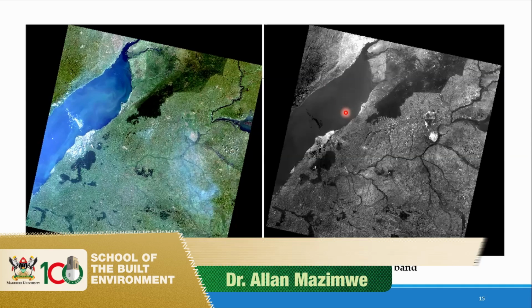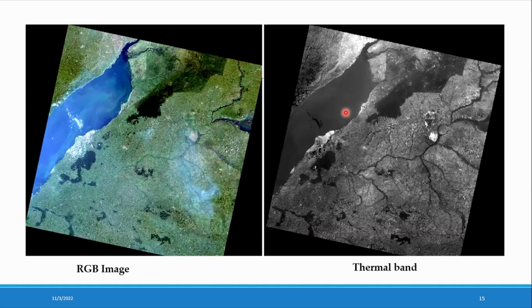Therefore, less radiation is detected by the sensor from those areas. That's why where there are clouds, that area will appear black, indicating lower temperatures, because most of the energy was absorbed by the clouds. And these clouds have water vapor and gases that absorb this radiation.